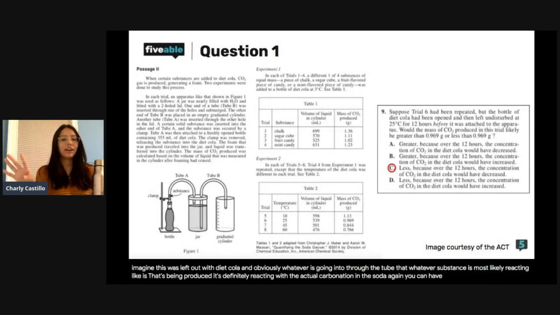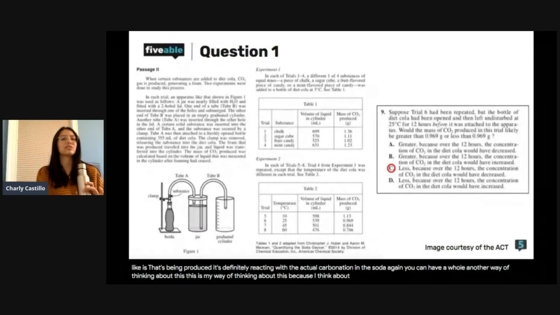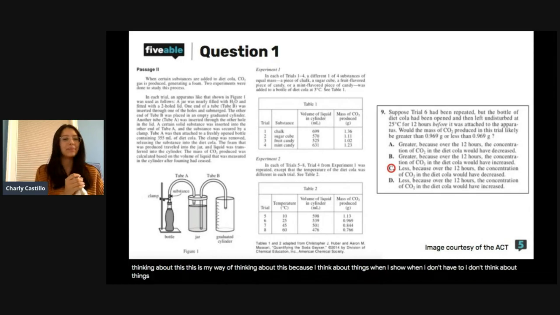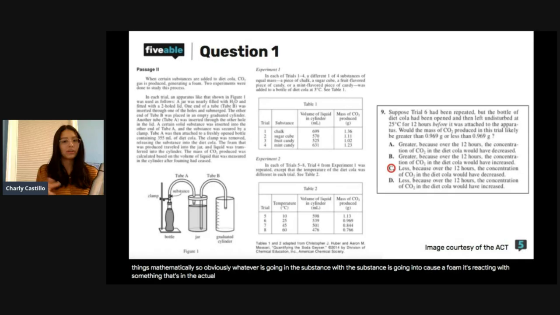Again, you could have a whole other way of thinking about this. This is my way of thinking about this because I think about things when I don't have to. I don't think about things mathematically. So whatever substance is going in to cause a foam, it's reacting with something that's in the actual soda, right?